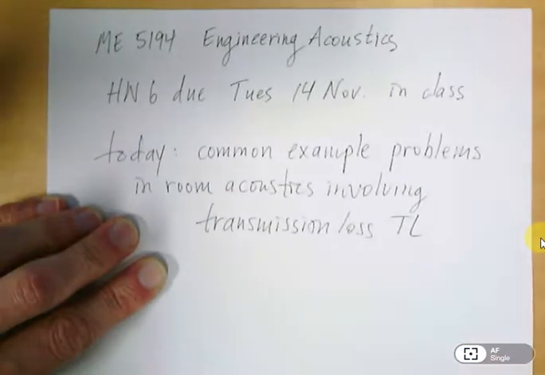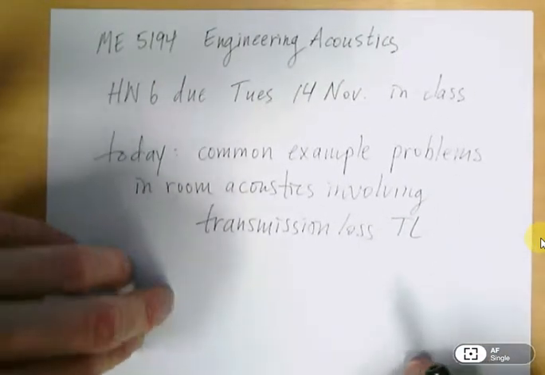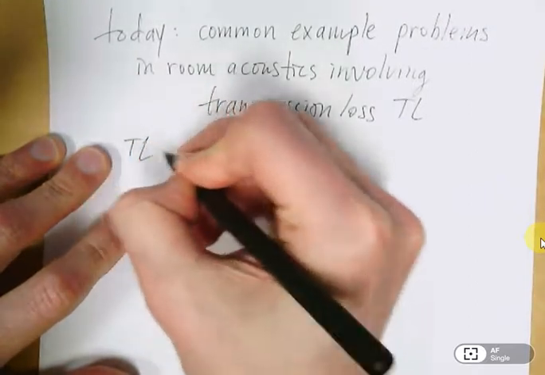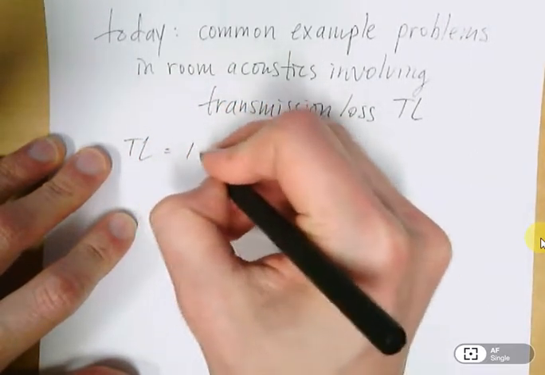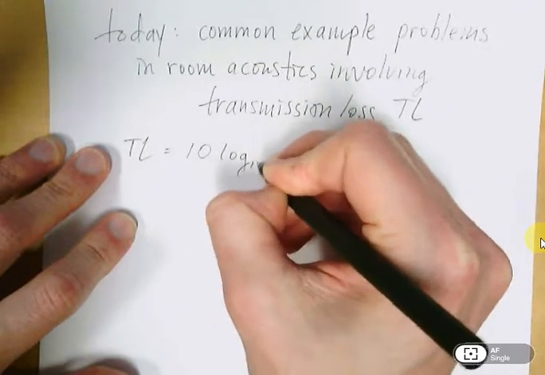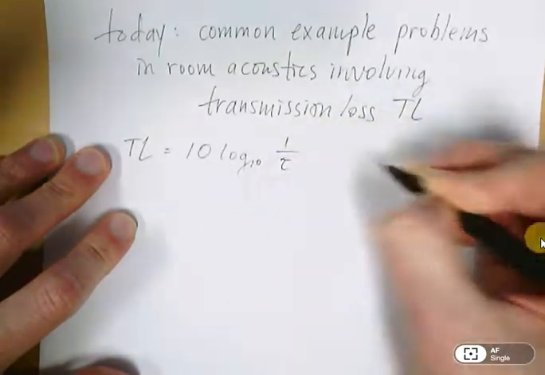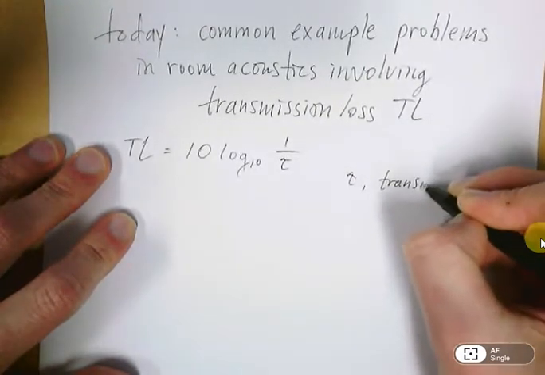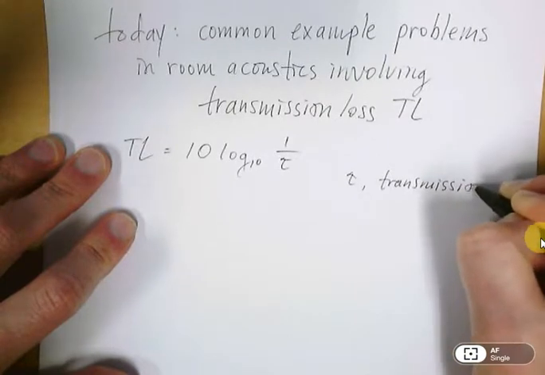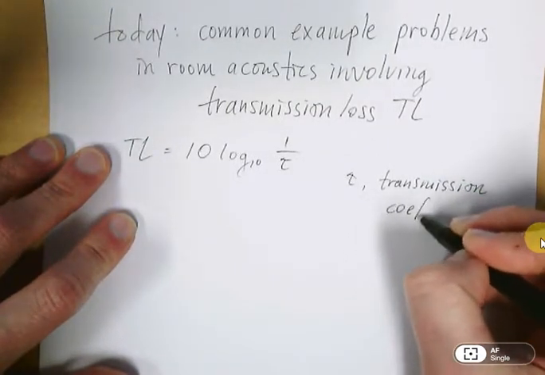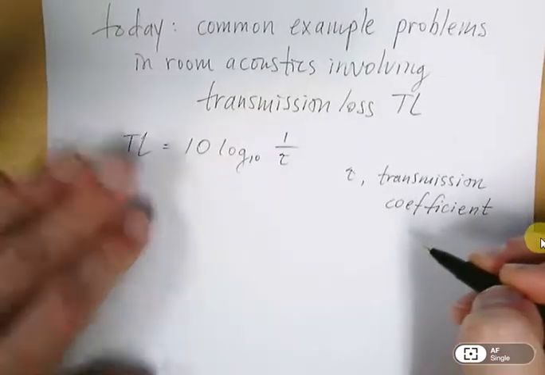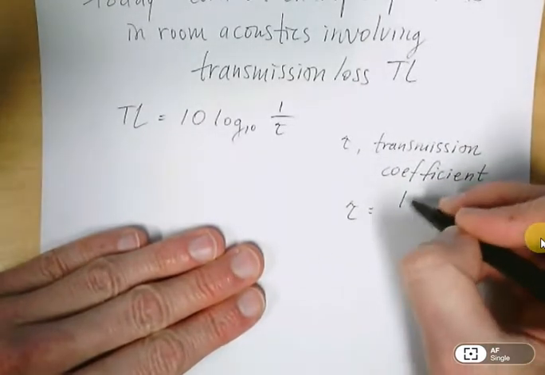Now remember that transmission loss is computed as 10 log 10 of 1 over tau, where tau is the transmission coefficient, which is the ratio of transmitted to incident powers.